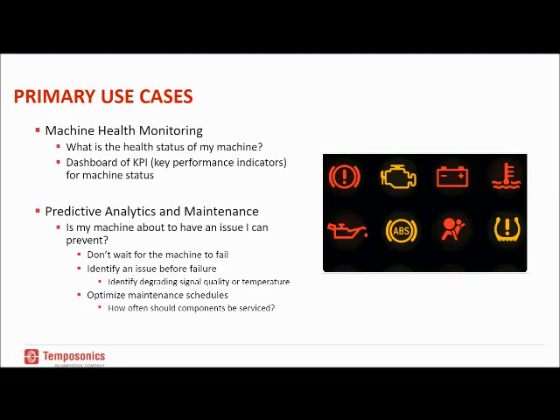If you see a tire indicator and it's showing low pressure, do you continue to drive in your car with low pressure, or do you pull over and add more air to the tire, if you will? You don't want to wait until the machine fails. That's obviously not the goal. But you want to also be able to identify any issues that might occur before failure.